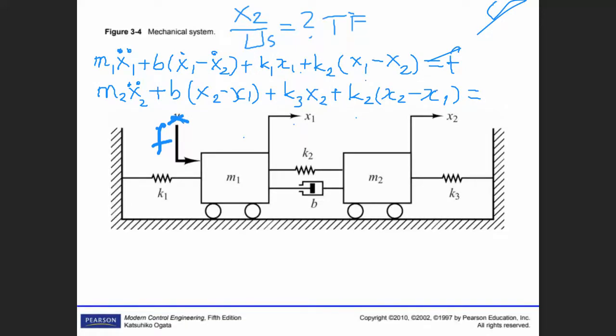It is not correct, since there is no force exerting on this one. The initial force is just transferred to this part. So we are not going to write a force here; it is equal to 0.